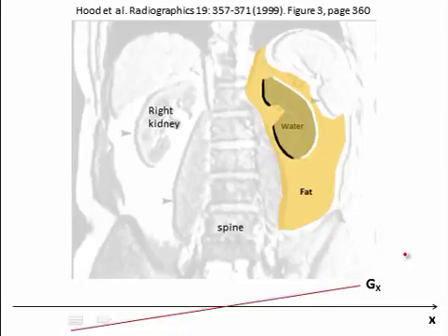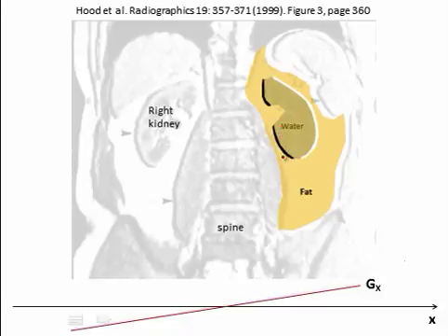In this week's discussion, I also asked what would happen to these banding artifacts if the gradient was moved to be in the Y direction. The banding artifacts would move from being on the left and right side of the organ to the top and bottom, or superior and inferior margins of the organ.